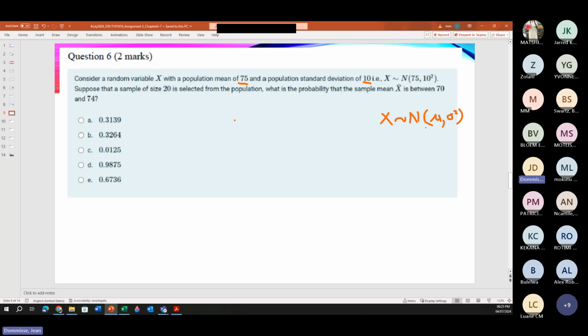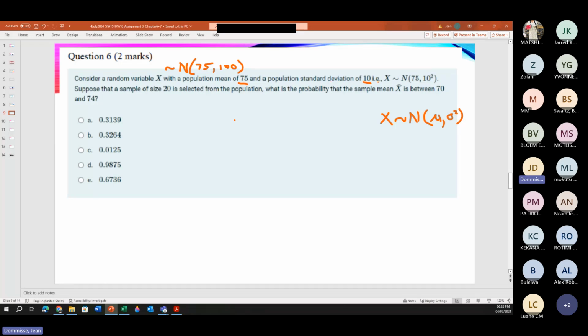Okay, so because they did not need to give us the information, they might just have given it to you as a random sample variable. X is distributed normally, mean 75. Sometimes they will do it 100 and not 10, and they don't give you that information.